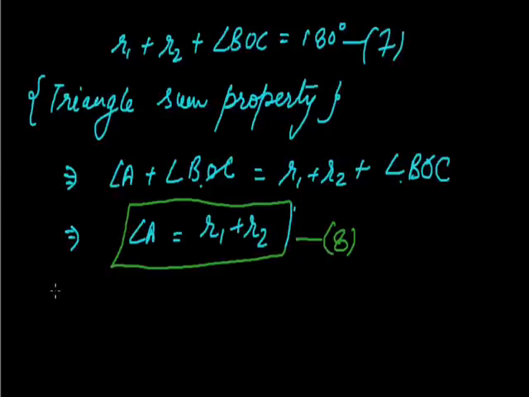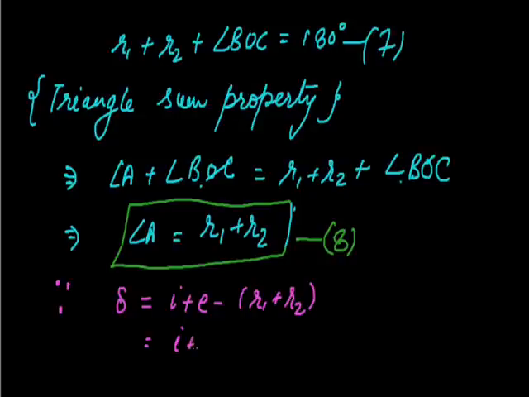So since delta is equal to I plus E minus the sum of R1 plus R2, if we put the value from equation 8, it comes equal to I plus E minus angle of prism.